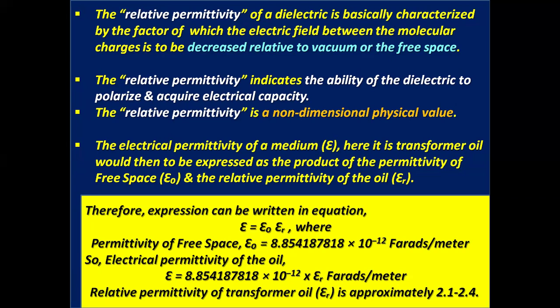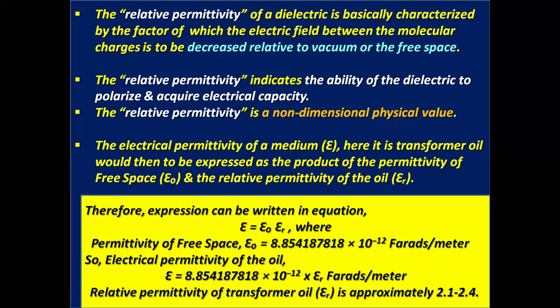The electrical permittivity of a medium, that is epsilon, here transformer oil, is expressed as the product of the permittivity of free space, that is epsilon 0, and the relative permittivity of the oil, that is epsilon r.